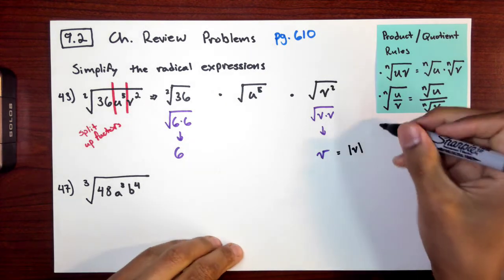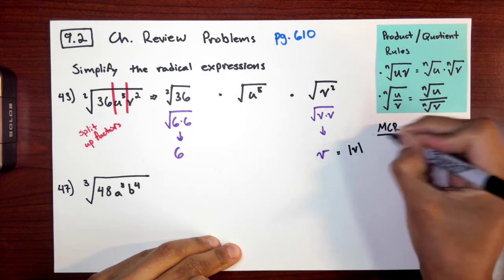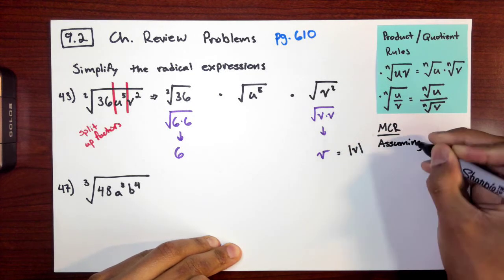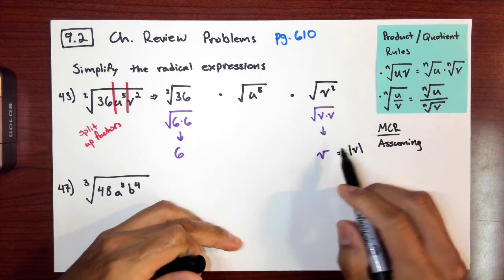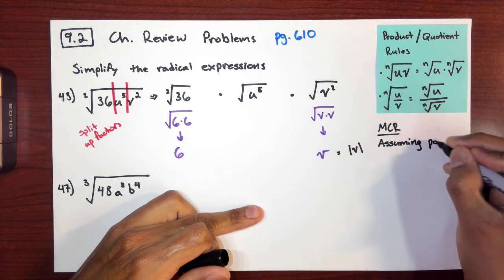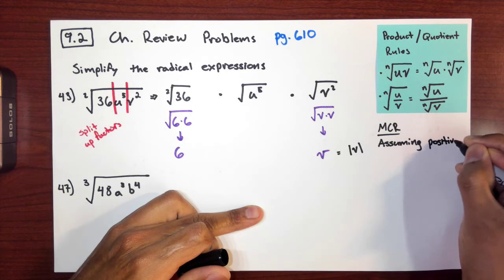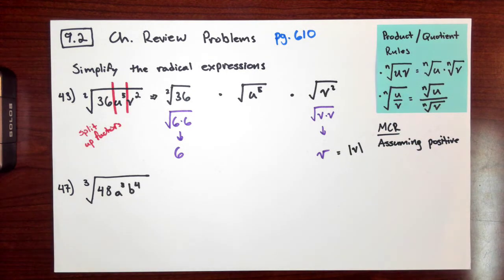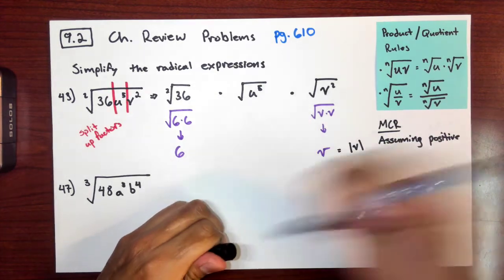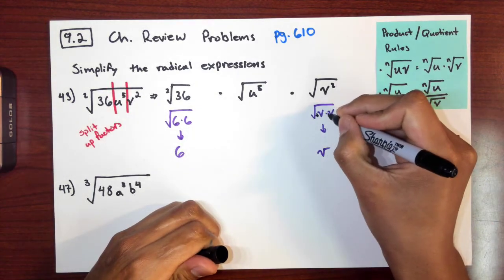But for our class, for MCR, we are assuming that all of these values that are squared are positive. That's just going to take the load off a lot for our class purposes. When you get to college, in other courses, you may have to actually write it as the absolute value of v. That is correct, but we are assuming that each one of these v's here is positive.